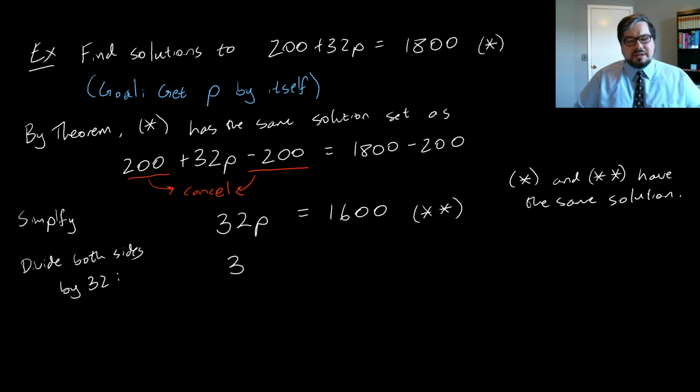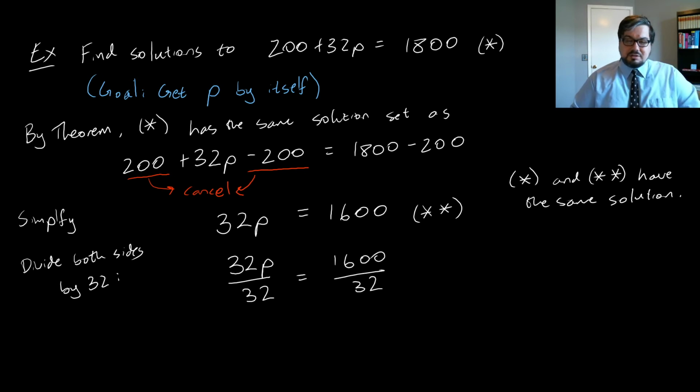And so what we'll get when that happens is 32p divided by 32 equals 1600 divided by 32. And once again, I want to emphasize that we could have multiplied or divided by any number we want other than 0. And we're choosing 32 because we believe it's going to simplify the equation. It's going to get us closer to having the variable by itself.